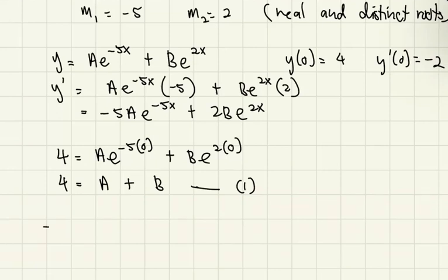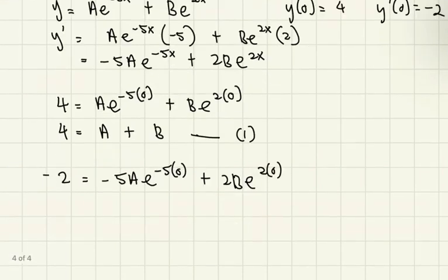So substitute in the y' equation: minus 2 equals minus 5a e^(-5 times 0) plus 2b e^(2 times 0). So we have minus 2 equals minus 5a plus 2b. So this will be our second equation.